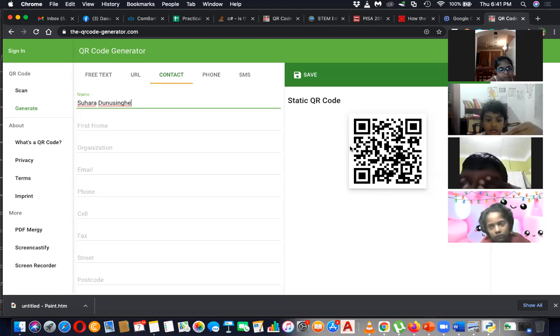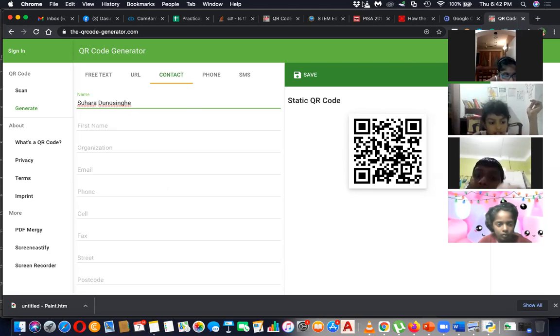When you scan this through a QR code reader, you can see your name. You can take a photo and send this to your friend, and when it is read, it will display your name. Understood?